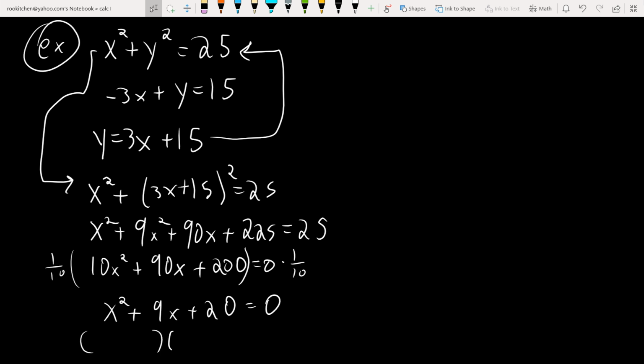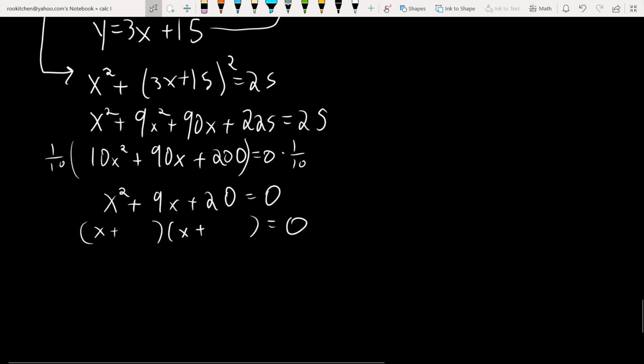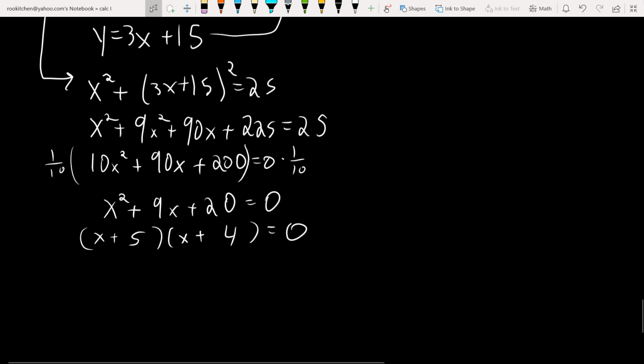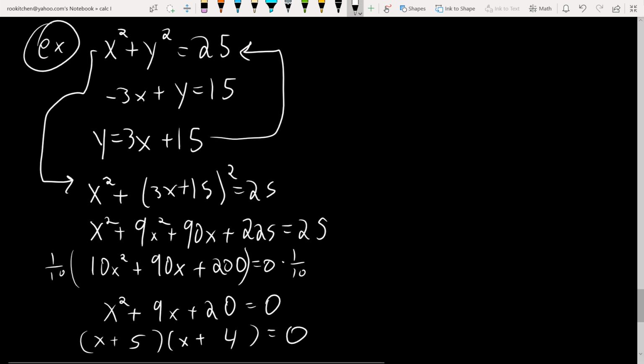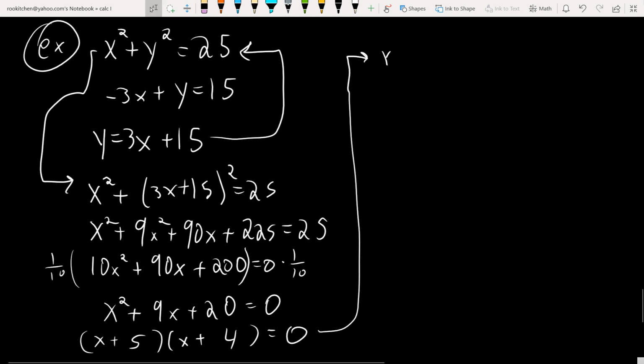Then we can factor that. What numbers multiply together to give you 20, but add to 9? 5 and 4. And then set each part equal to 0.